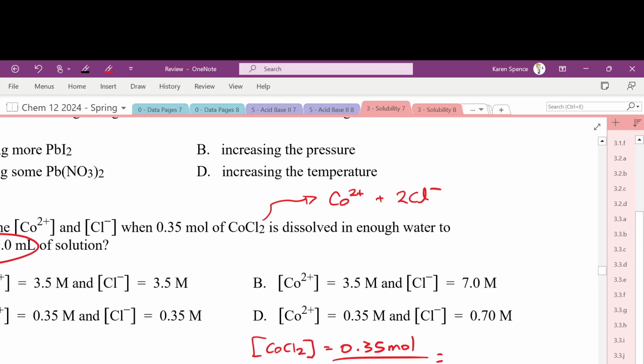So that's going to give us 3.5 molar for the cobalt chloride, which means that cobalt is 3.5 and chloride is 7.0, because it's twice as much, because it's got that coefficient of 2.